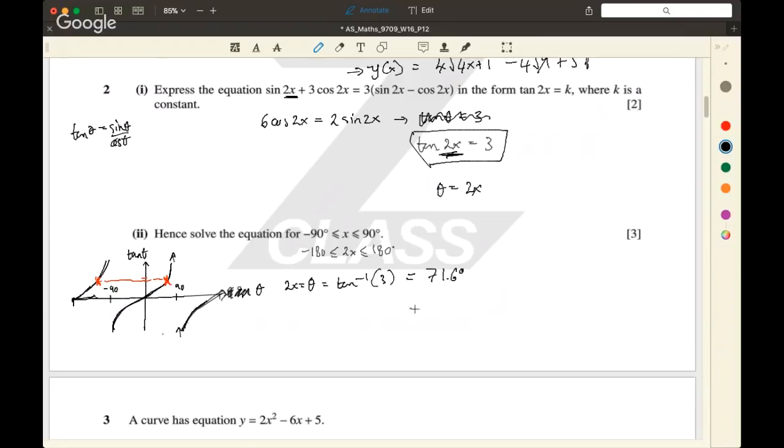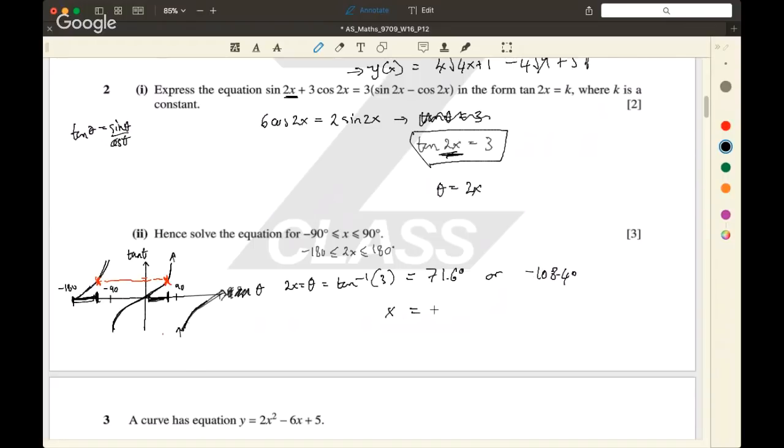Then you also know that you can get 3 if you go to minus 180 plus 71.6. So this distance is the same as this distance. You can obtain the other solution that way, and so the other solution is minus 108.4 degrees.